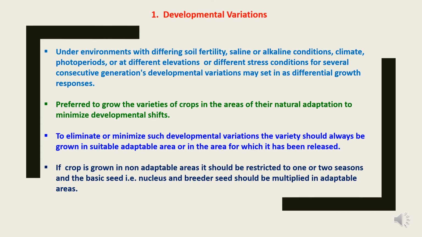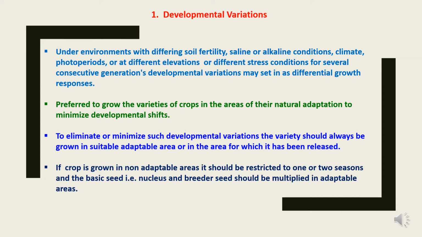First factor is developmental variations. When seed crops are grown under environments with differing soil fertility, under saline or alkaline conditions, different climate, different photoperiodic conditions, or at different elevations or different stress conditions for several consecutive generations, the developmental variations may set in as differential growth responses.